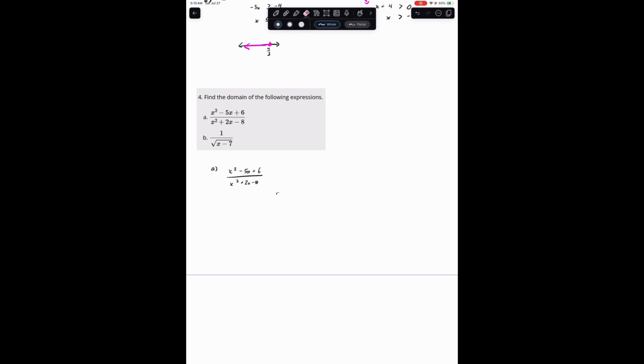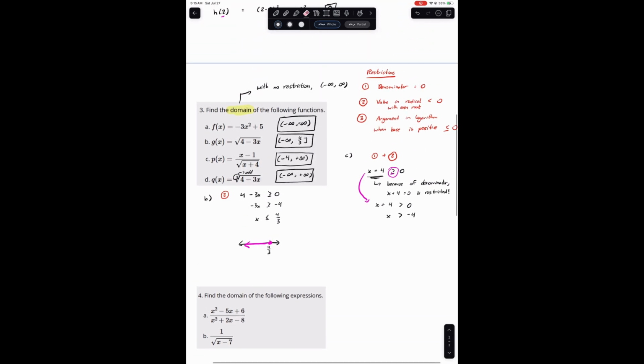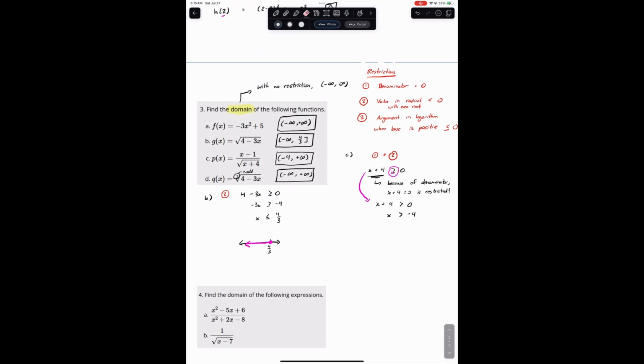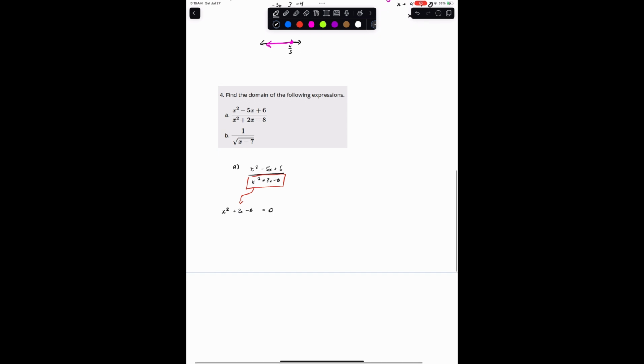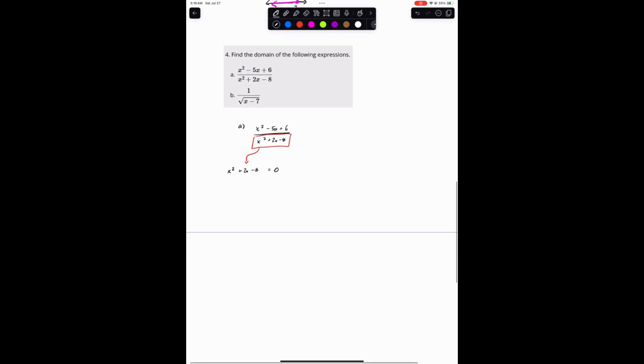The only thing we worry about is our original 3 restrictions from up here. So we want to worry about this denominator. So we have x squared plus 2x minus 8. And I'll put equal to 0 so we can, you see that we can factor, right? 2 numbers multiply up to negative 8, add up to 2.